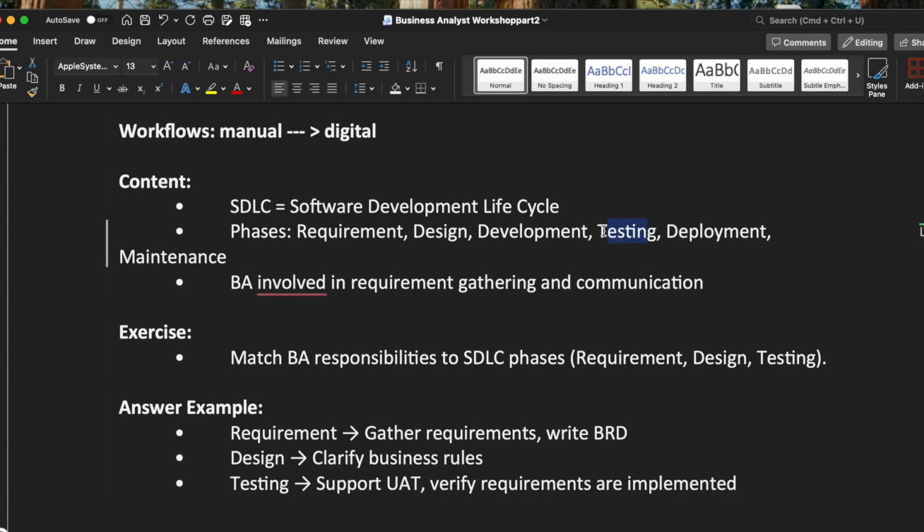He will also come up with some edge cases. Let's say during the submission, what will happen if there is a timeout, maybe it's spinning? What should I do? Hey, I don't have test data. Every time they ask a question during development or testing, you try to clarify the requirement. So that's what the business BA is doing.